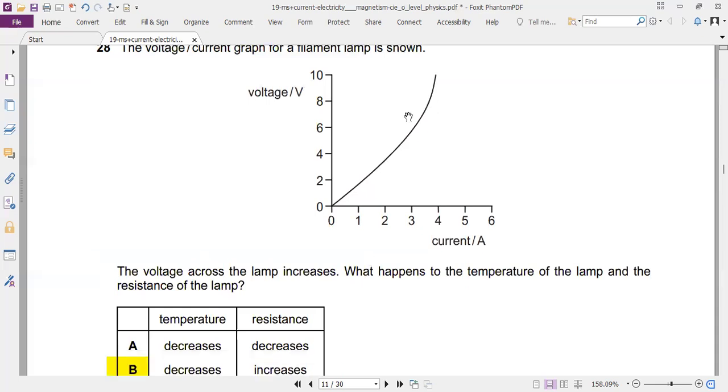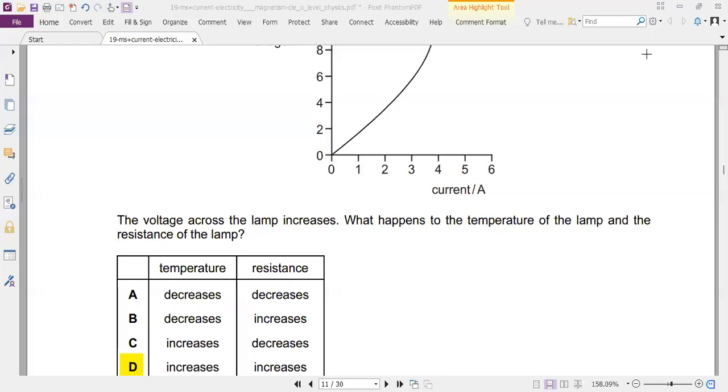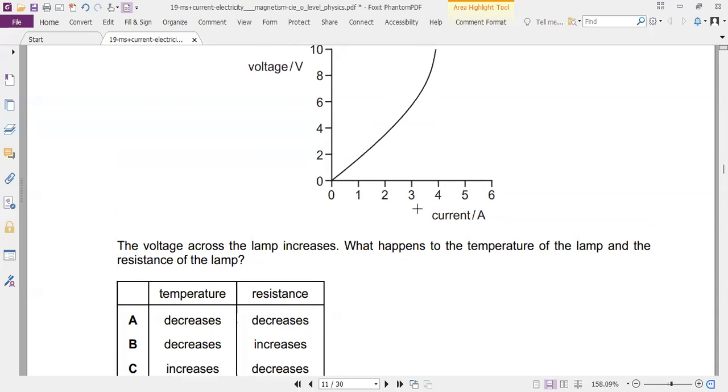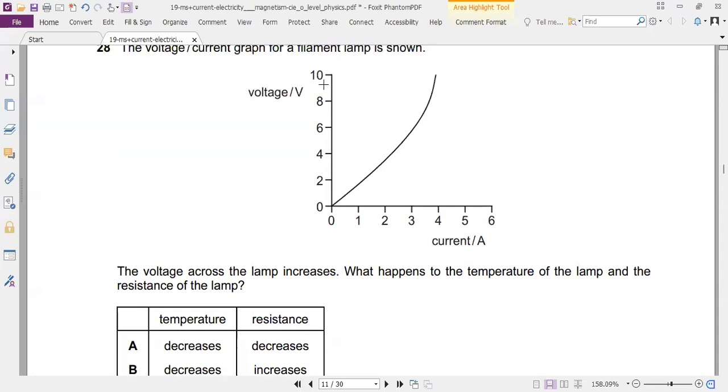The voltage across the lamp increases. As the voltage increases, the temperature increases, and as the temperature increases, the resistance increases, so the choice was wrong. Now we look at it. As we increase the voltage here up to here, we see that the curve is going upwards.